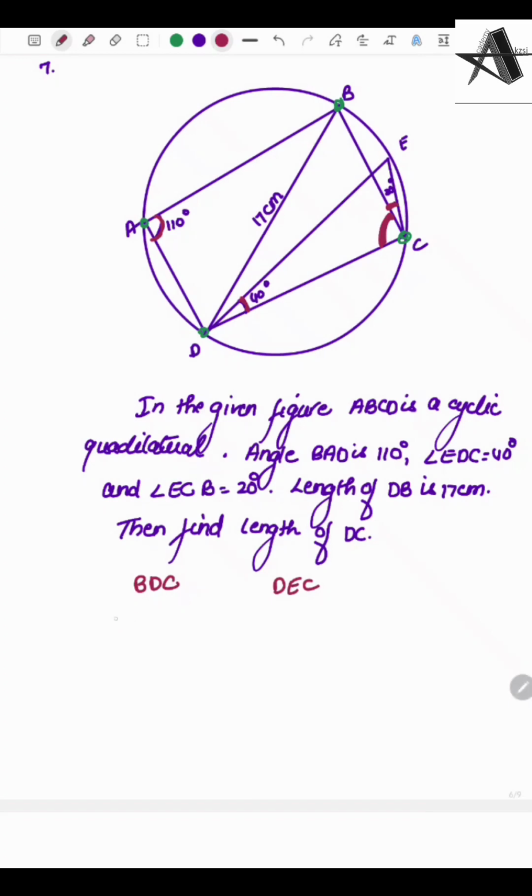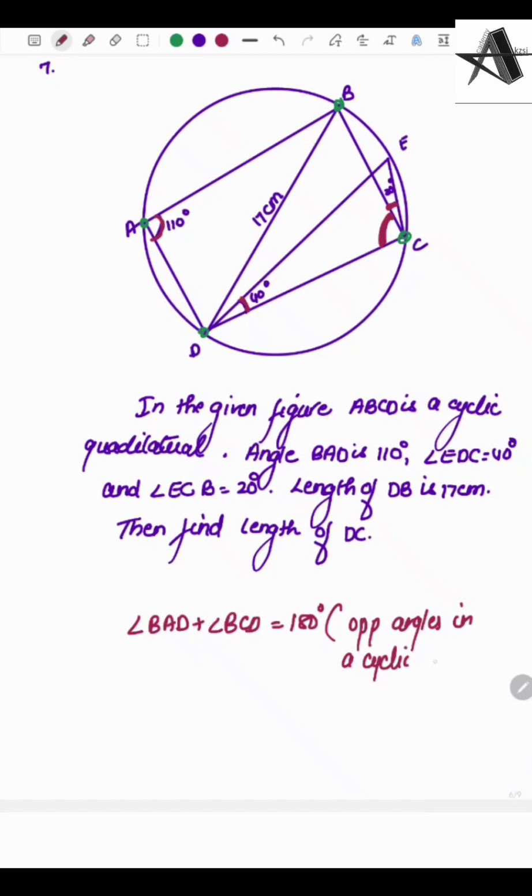So let me write it down: angle BAD plus angle BCD equals 180 degrees, because opposite angles in a cyclic quadrilateral add up to 180 degrees. So if angle BAD is 110, angle BCD is definitely 180 minus 110, which is 70 degrees.